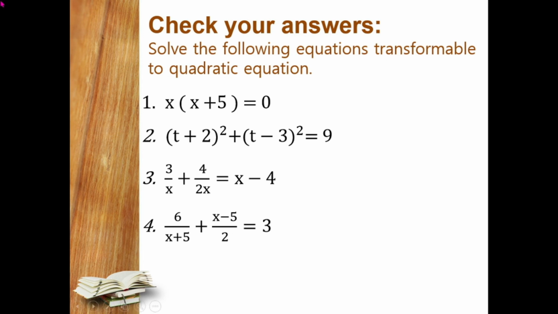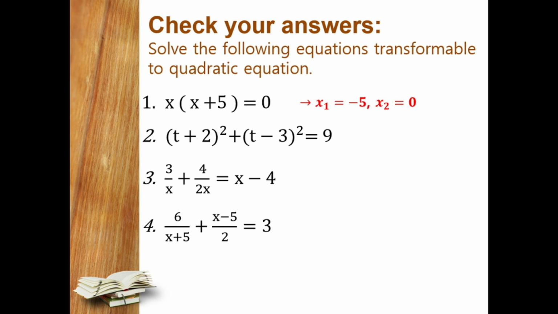So check your answers. Solve the following equations, transformables to quadratic equation. We have x plus times quantity x plus 5 is equal to 0. What is your answer? What are the roots? We have x is equal to -5 and x is equal to 0.